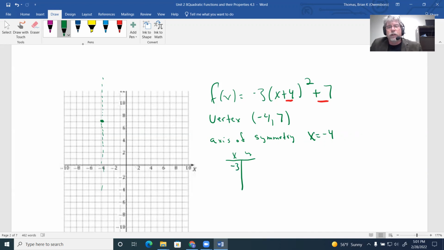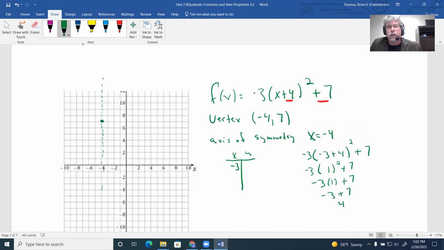So I'm going to put -3 in for x and just see what happens to the math. So I have -3 times -3 plus 4 squared plus 7. So -3 is already there. I replaced x with a -3, and that's going to be -3 plus 4 squared. So that's going to be 1 squared plus 7. So it's going to be -3 times 1 plus 7. -3 plus 7 would be then this 4.